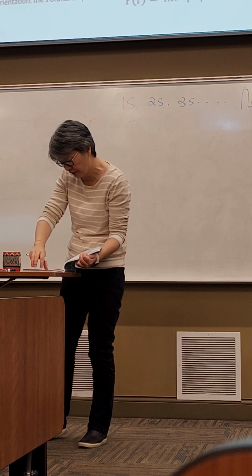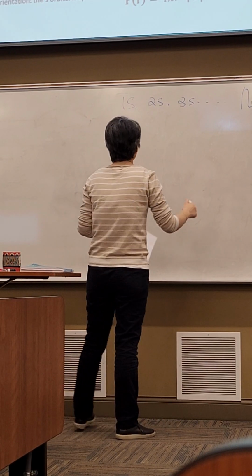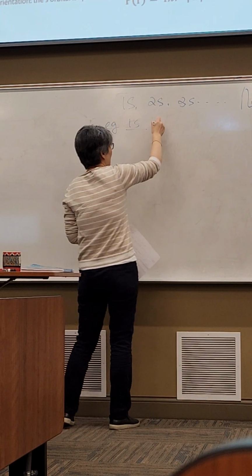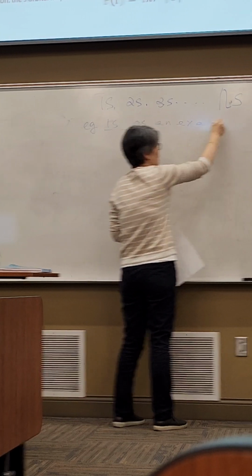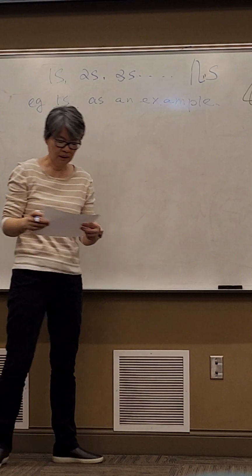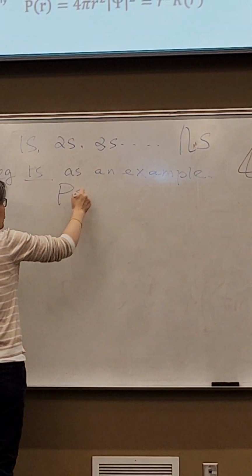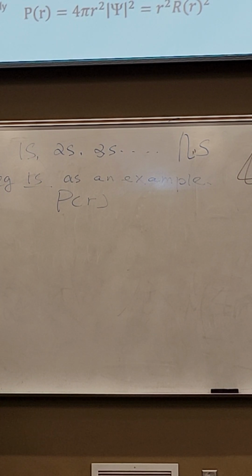So let's do a specific calculation using the 1s as an example. Now, can we come up with the radial distribution function for the 1s orbital?